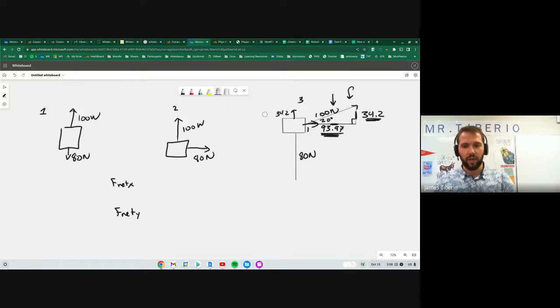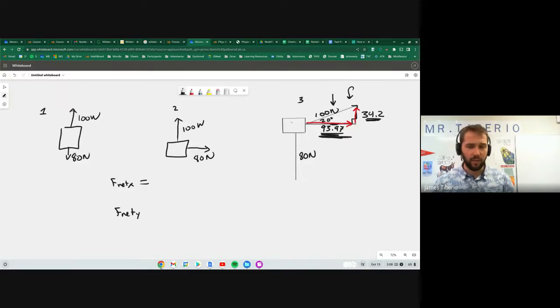So I'm just going to bring that triangle back, because normally we don't do that. We leave it like this. But by looking at it, we know that this one is to the right, and we know that this one is pulling up. And so we go back into our equation. So I'm going to do an Fnet x. Well, currently this 93.97 is going to the right.